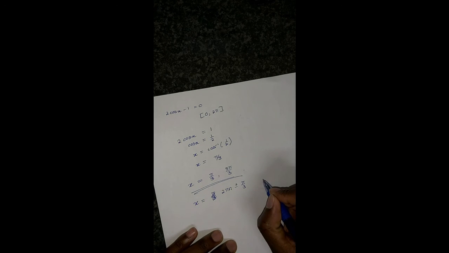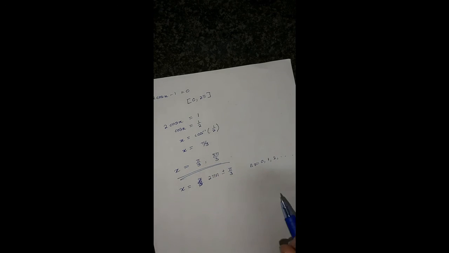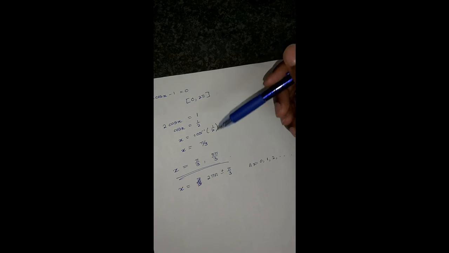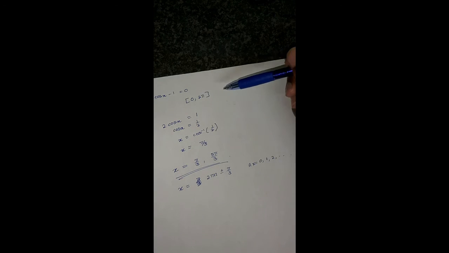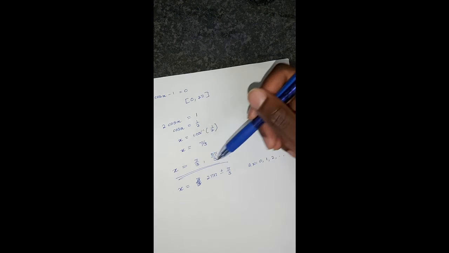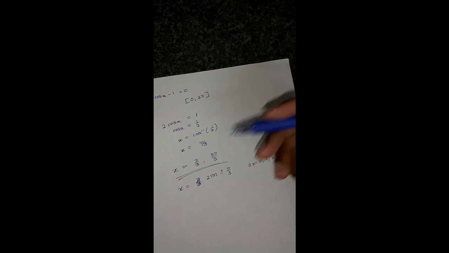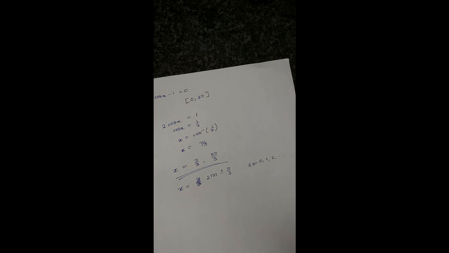And your n values will be running from 0, 1, 2, and so forth, going on up. In this particular case, we are only required to find solutions between 0 and 2 pi. We have only pi over 3 and 5 pi over 3. That will be your solution.